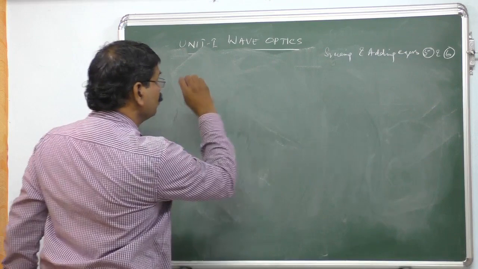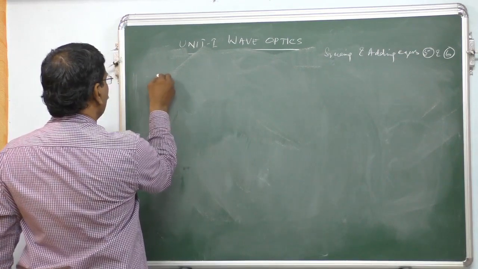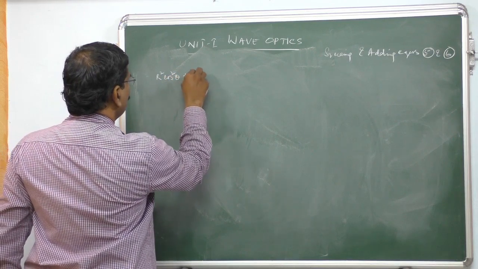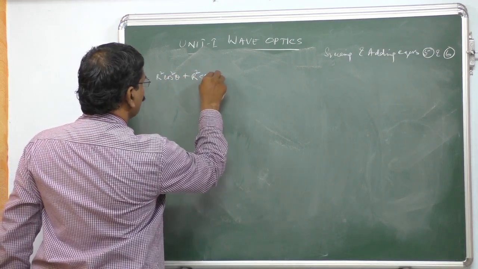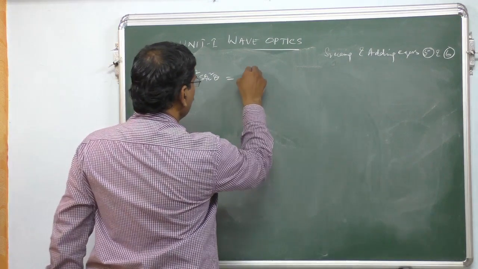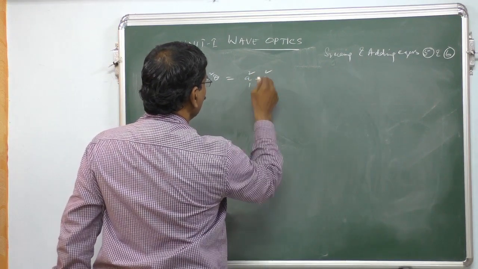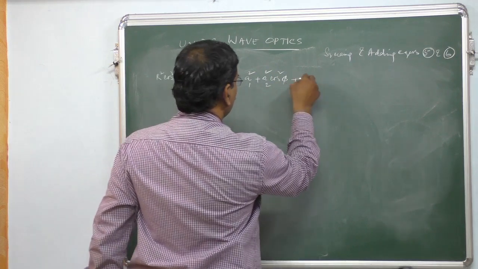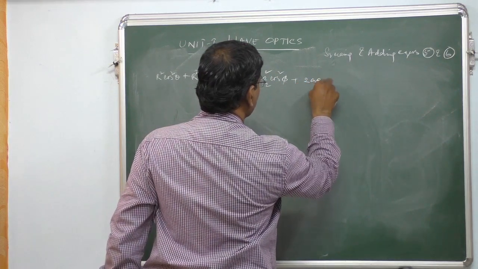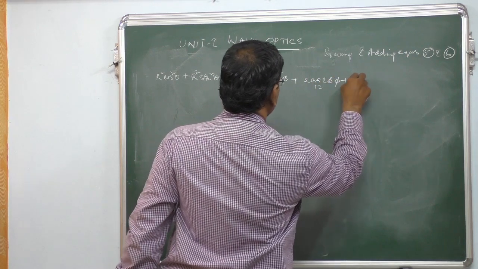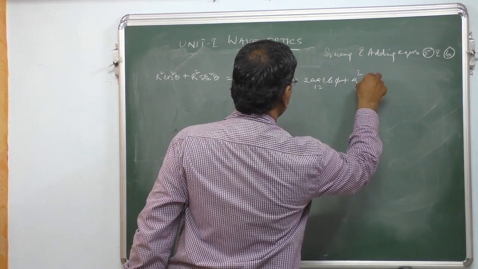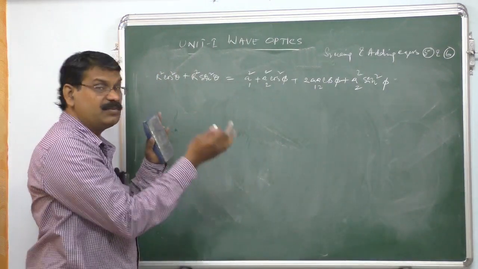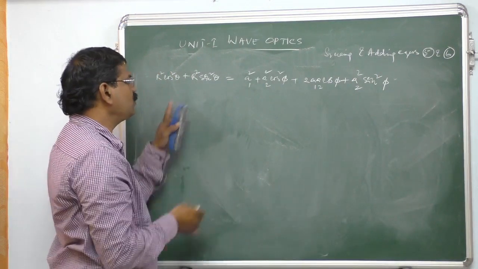We could write like this. Suppose we square everything and write at once. It comes as R square cos square theta plus R square sin square theta is equal to A1 square plus A2 square cos square phi plus 2A1 A2 cos phi plus A2 square sin square phi. Is it clear? So this is the equation we get by squaring both sides of 5 and 6 and adding.